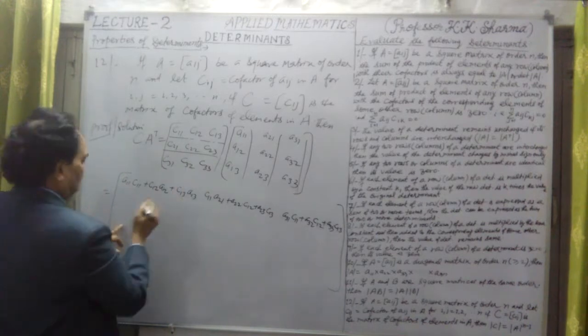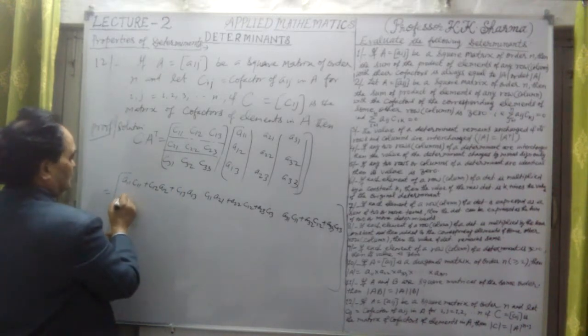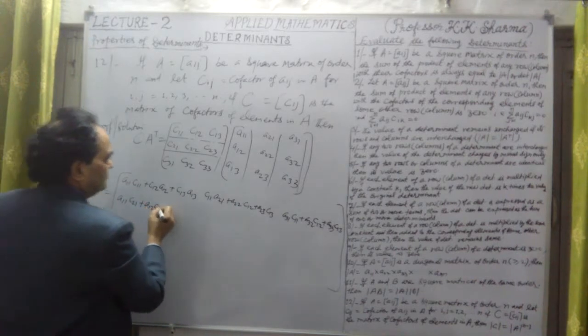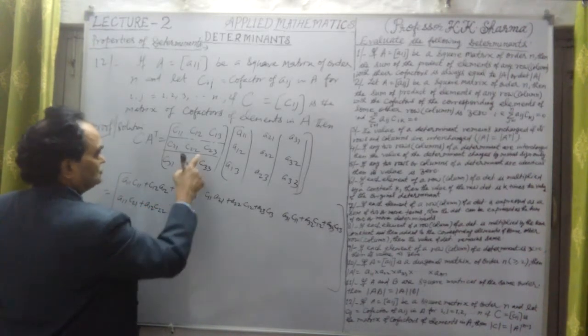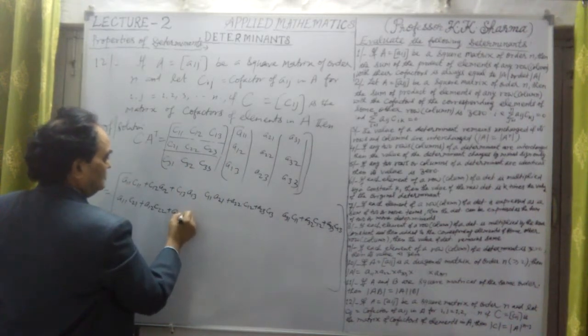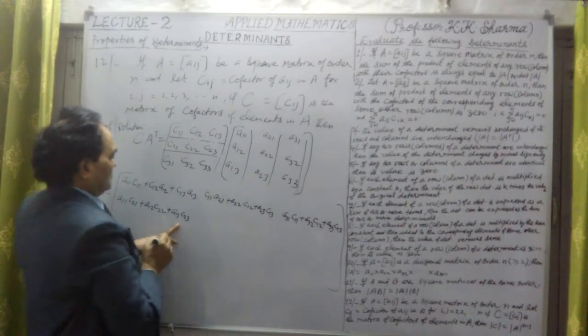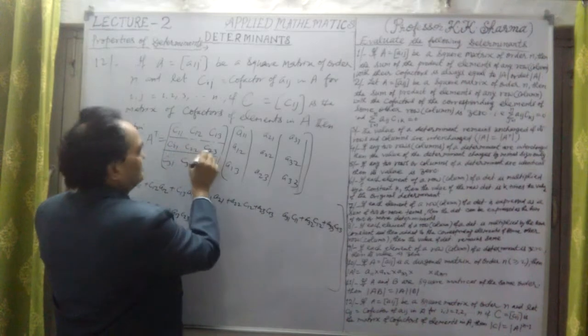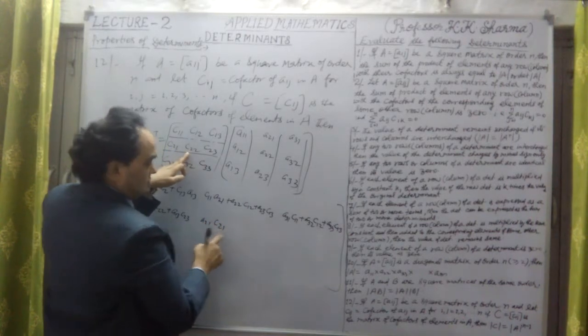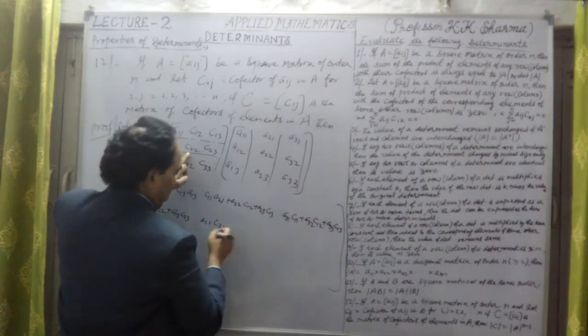Now second row, first column. It is A11 into C21, 0, plus A12 into C22, 0, plus A13 into C23, 0, because of different elements and different cofactors. But what about second row, second column? This is A21 into C21, plus A22 into C22, plus A23 into C23.